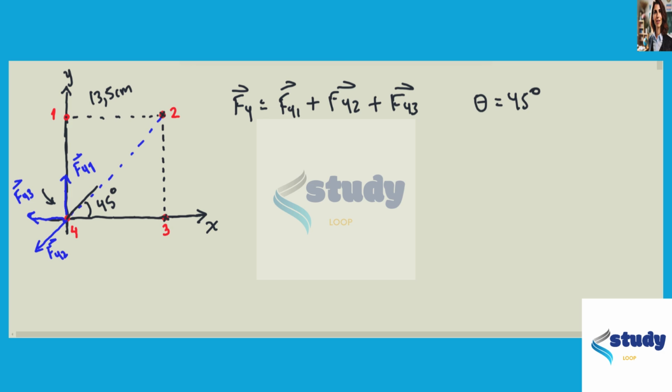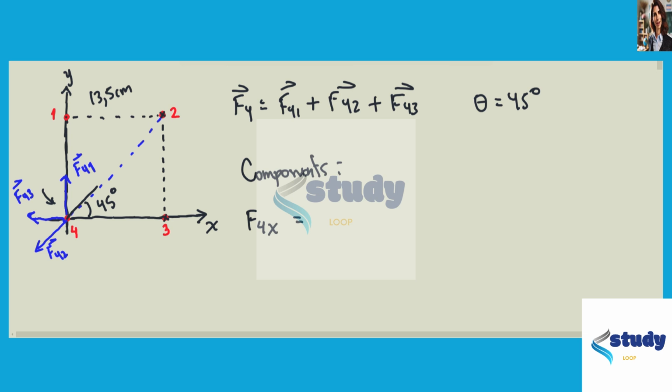So we start by calculating each component of this F4 force. In this sense, we have the F4x component. So we are going to take into account only the forces that are acting on the x-axis, or at least have some component on it.